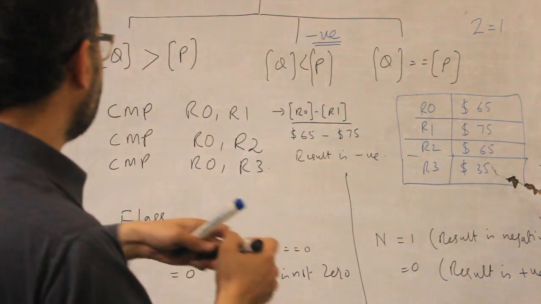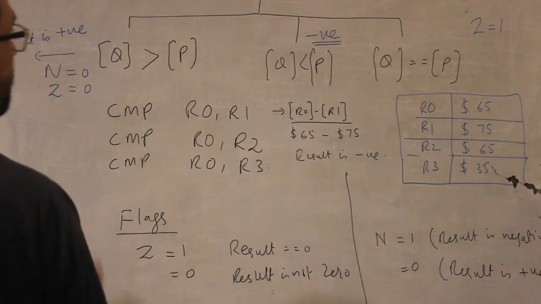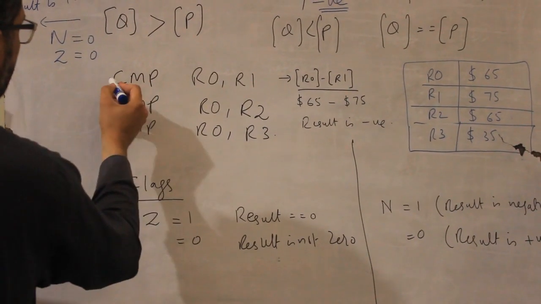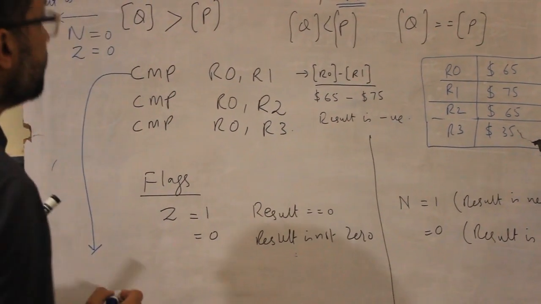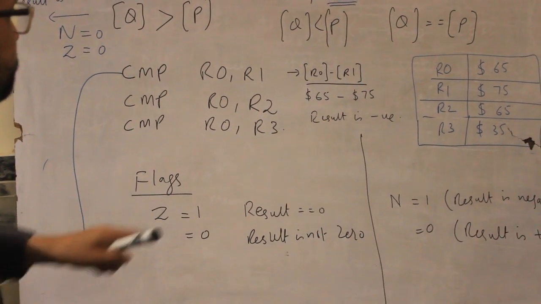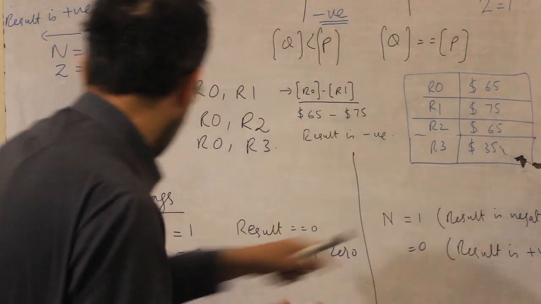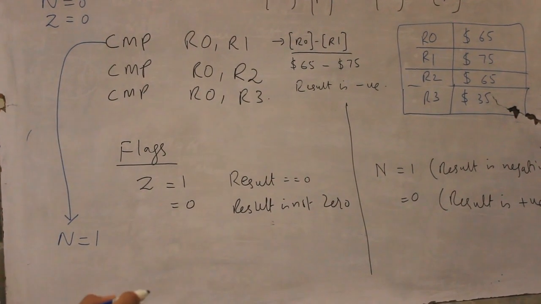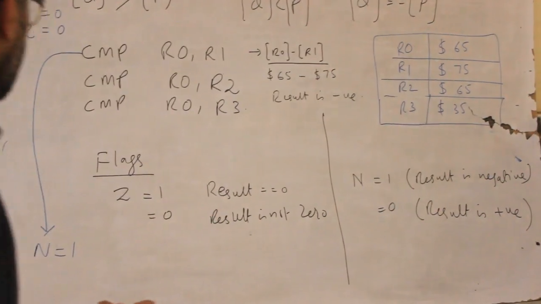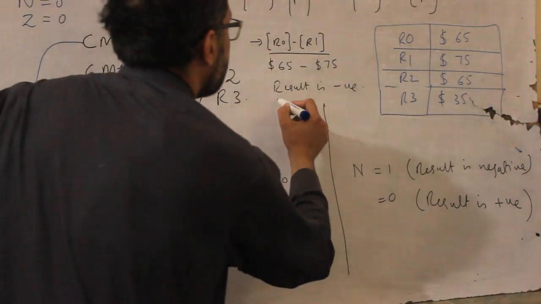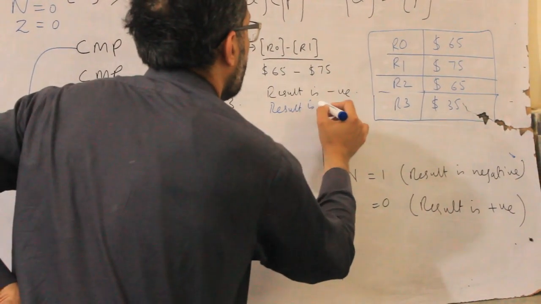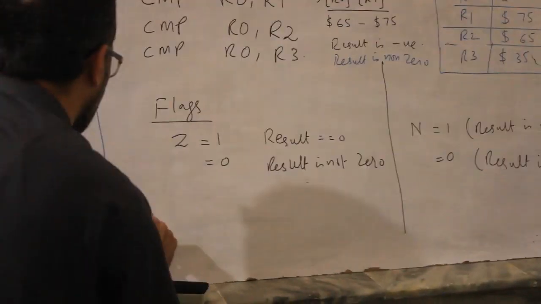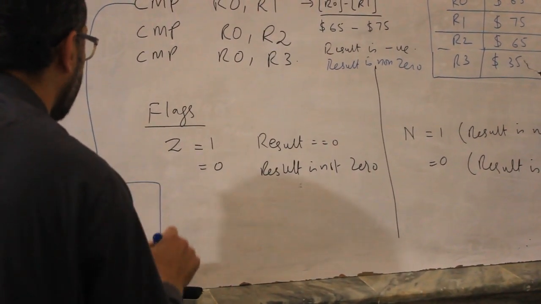The result is negative. So what will be the value of the N flag? The N flag will be 1. Because the result is negative and also non-zero, the Z flag will be 0 here.